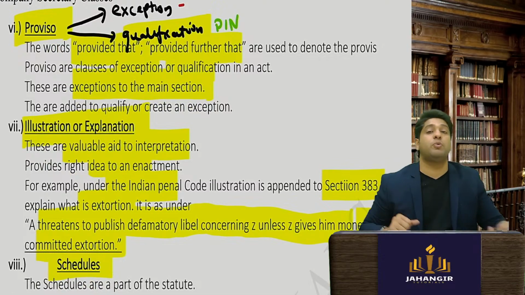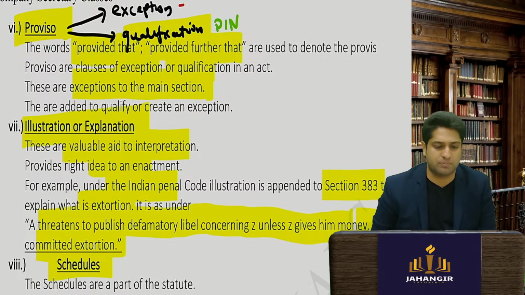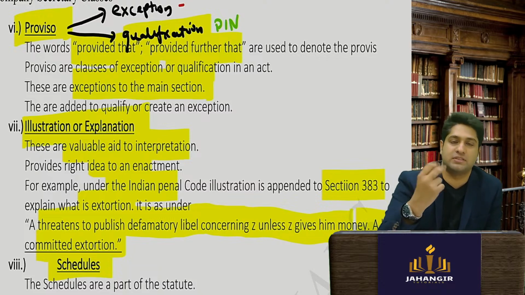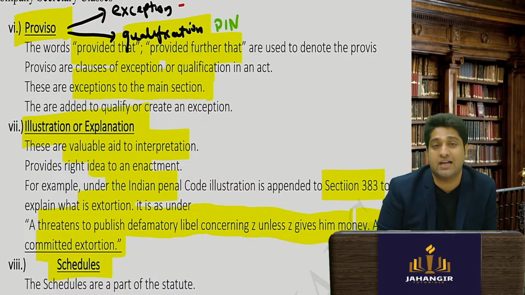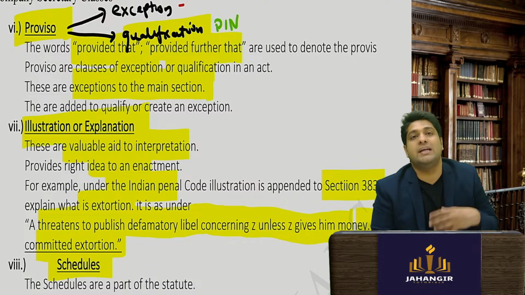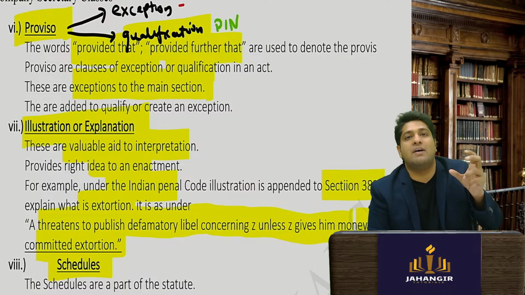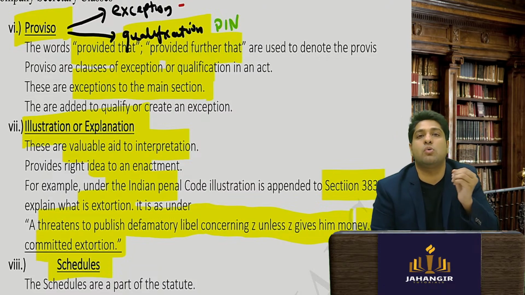Then comes proviso. Now proviso is important, let's understand. A proviso of an act has two purposes. One, a proviso can be used to carve an exception or to make a qualification.